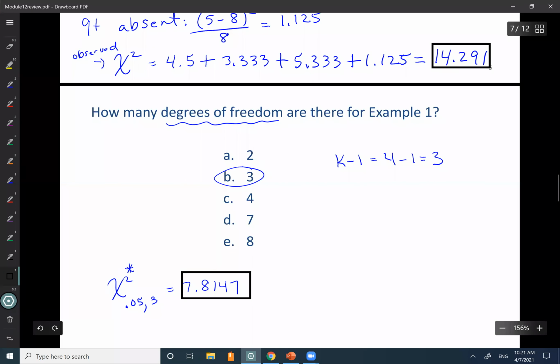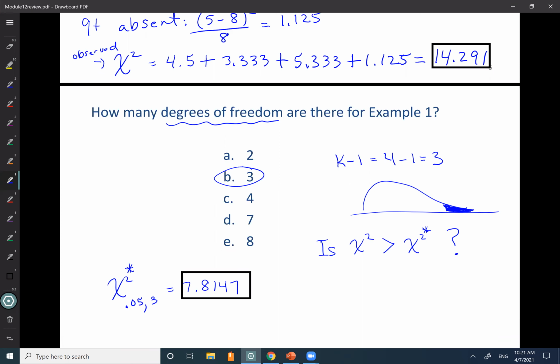And for these tests, we always ask the question, is the chi-square observed greater than the chi-square star? And I'll put a big question mark, because we're looking at the tail. We want to know if we are in the rejection region. If this is true, then we reject.